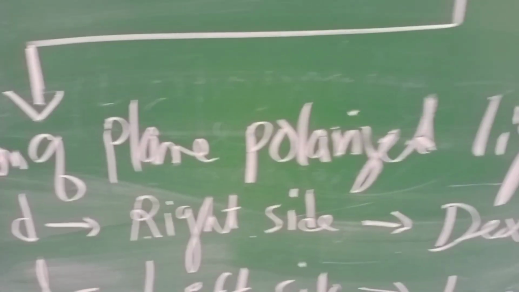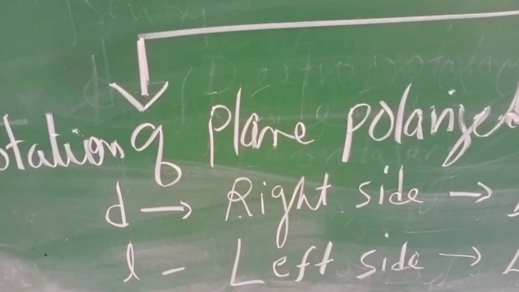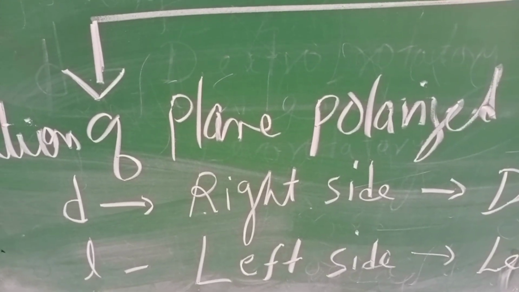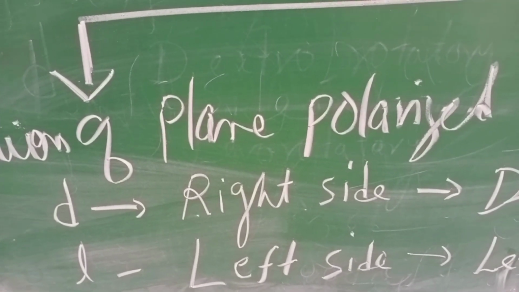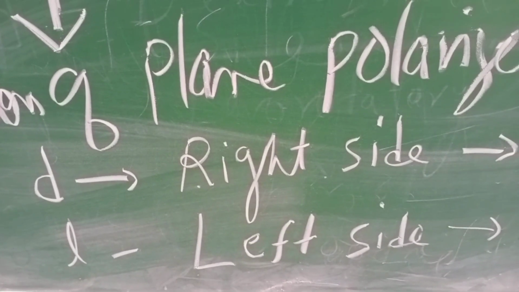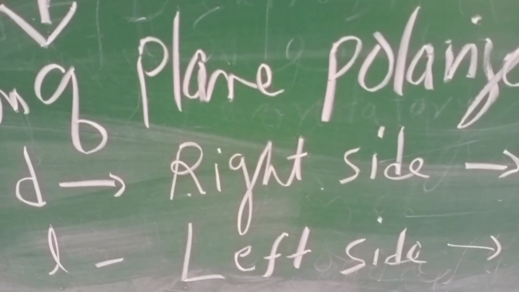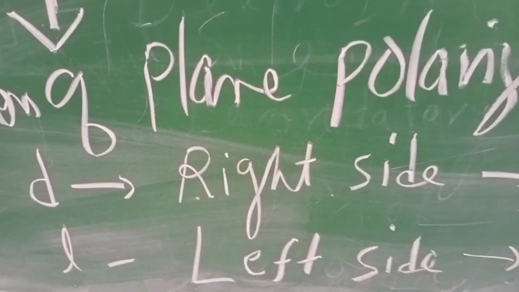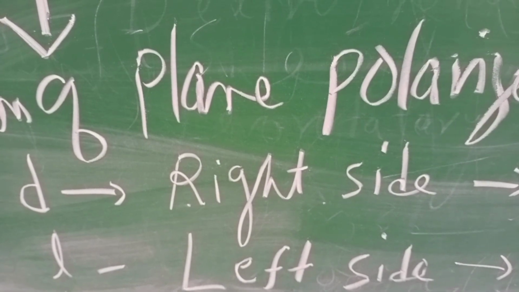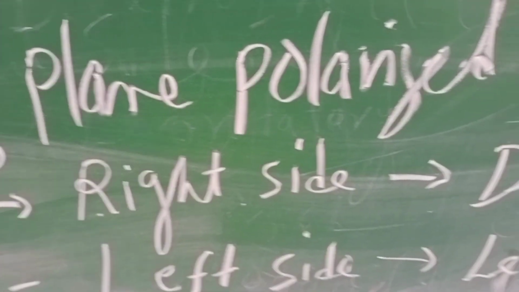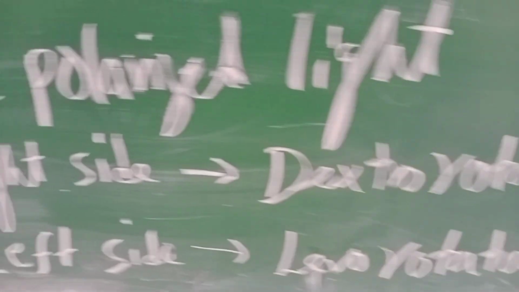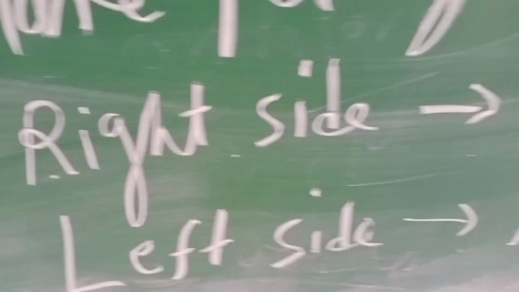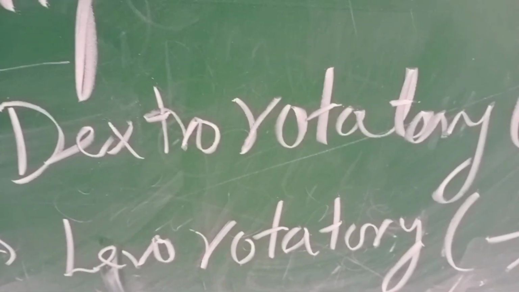Likewise, if an optically active molecule rotates plane polarized light towards the left side, it is designated by small l, and the molecule is said to be levorotatory.